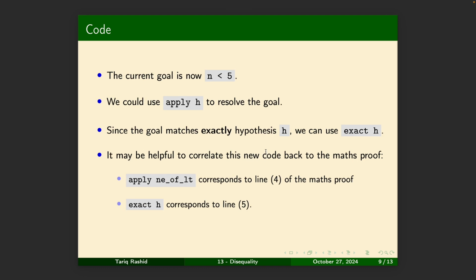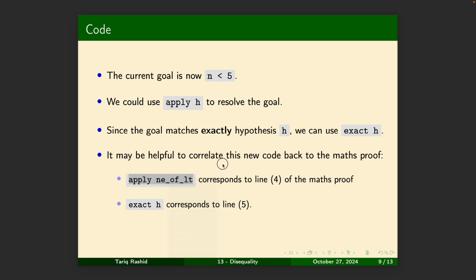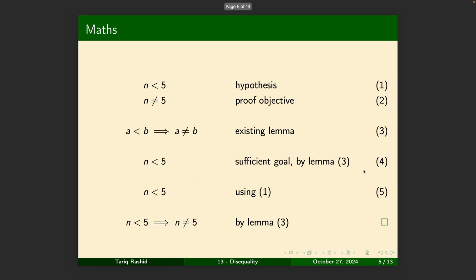It's useful to compare the maths proof with this Lean proof, because there are some new ideas here. The application of that lemma, apply any of LT, corresponds to line 4 here. So that's not a statement of the lemma, it's the application.